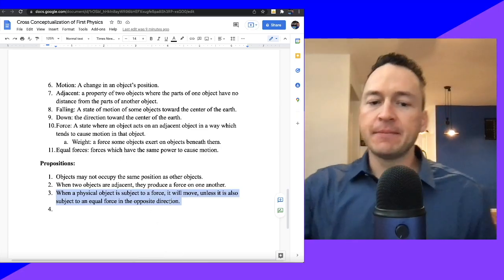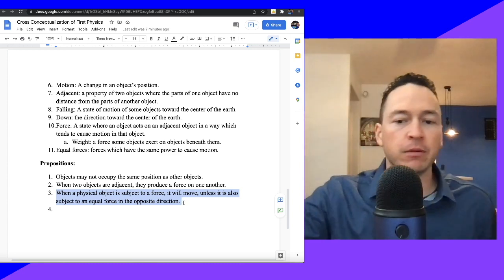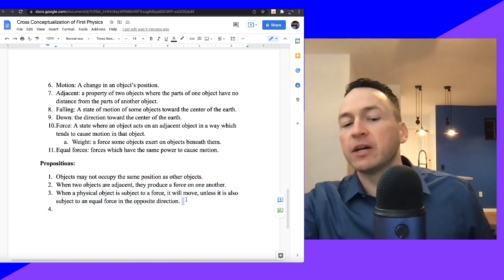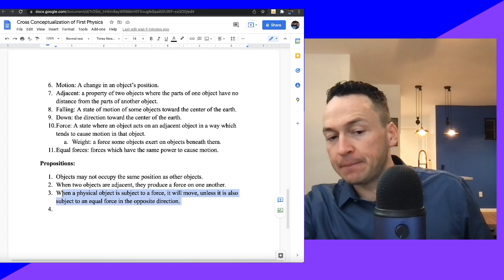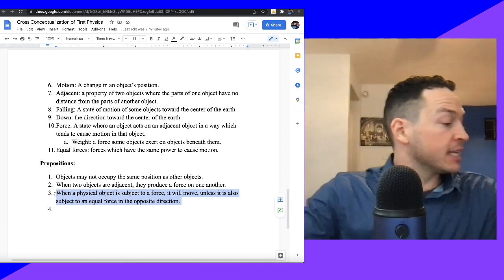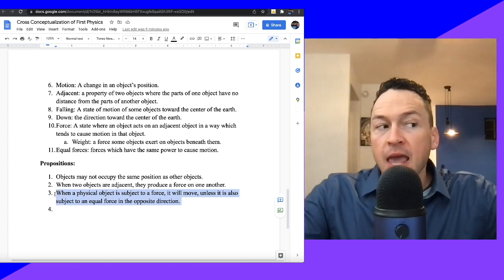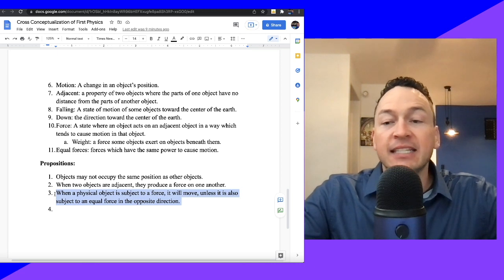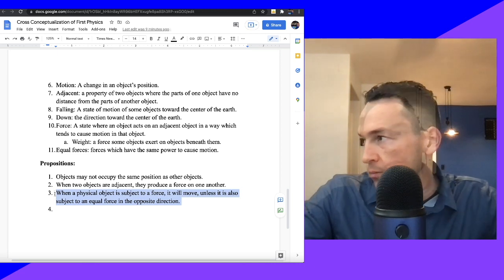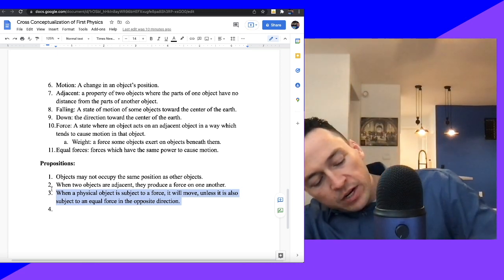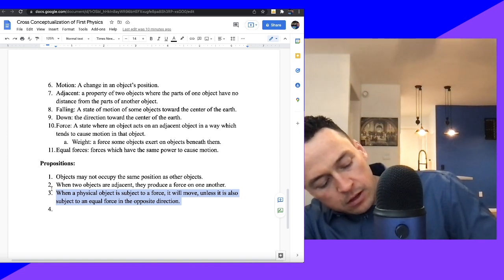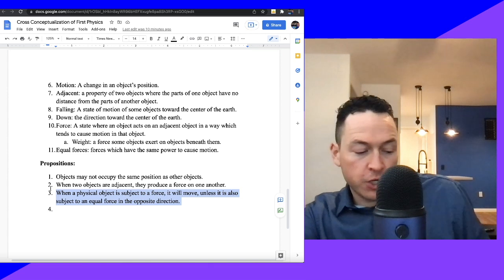So when a physical object is subject to a force, it will move unless it is also subject to an equal force in the opposite direction. Is there ever an exception to this? Whenever an object moves, is it being pushed?